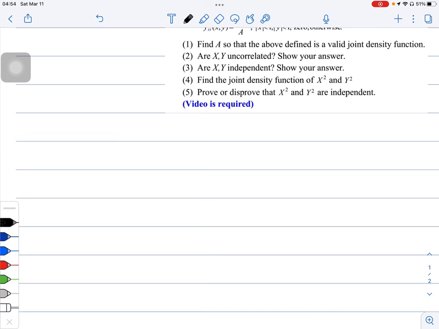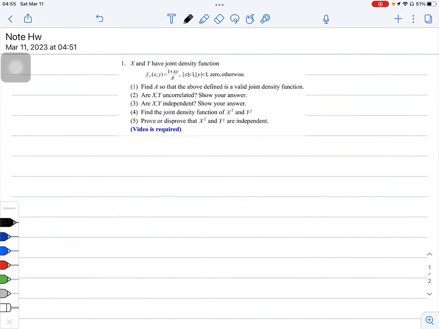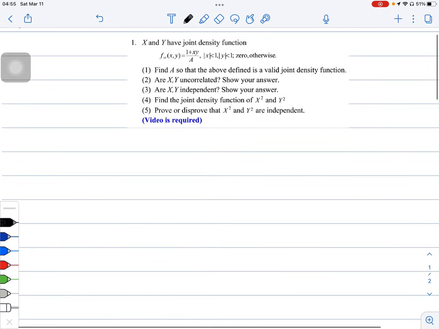According to the definition, we know that for a valid joint density function, the integral of the function in the definition area should be 1.